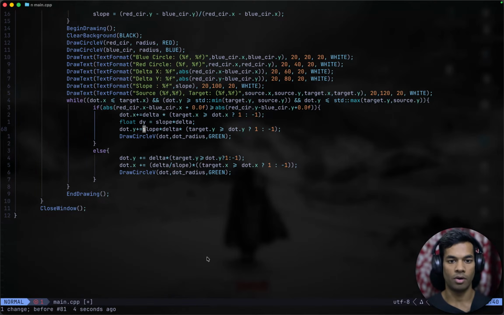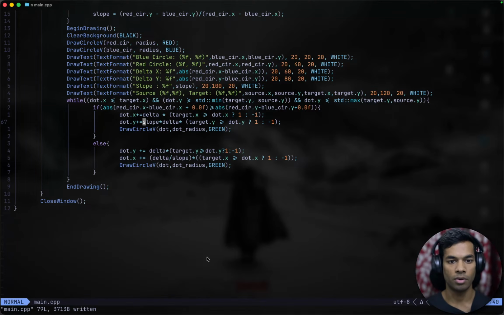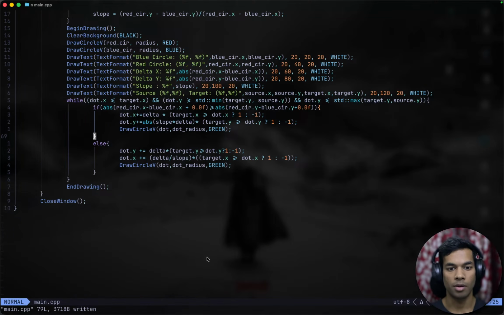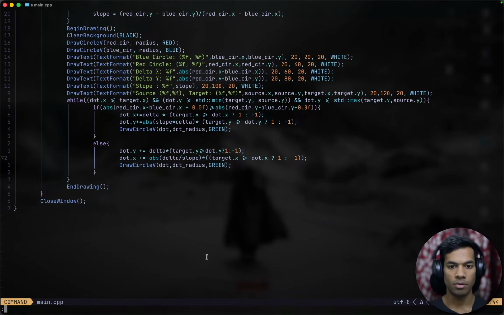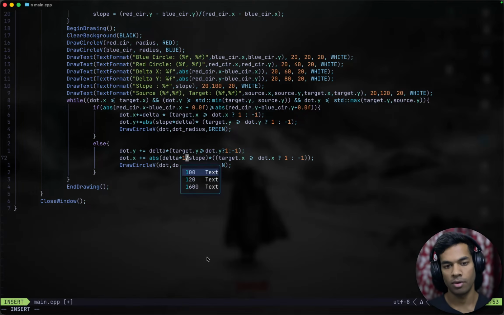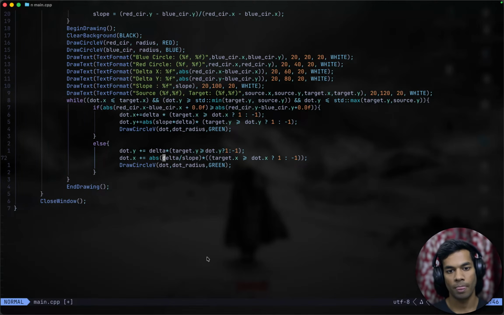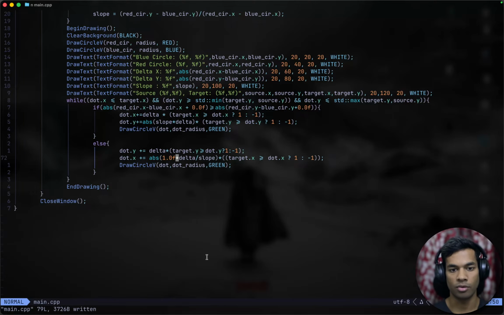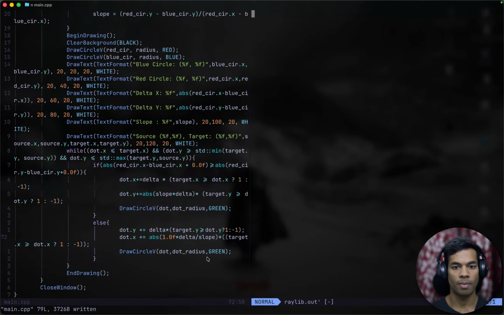We can always take the absolute value of this thing and multiply this by this, and here also we can take the absolute value of these two things getting divided by each other, where we also have 1.0 float into this thing, so that this whole thing is a float.